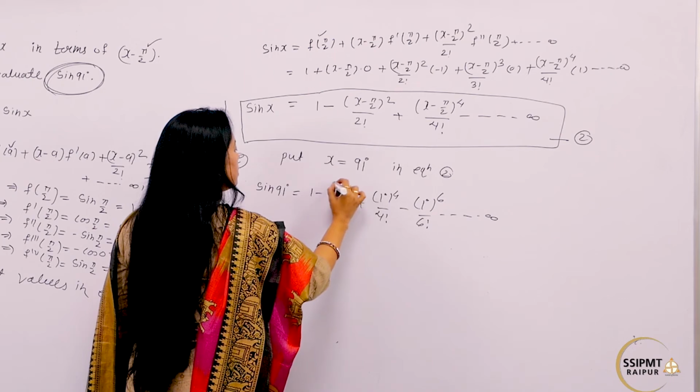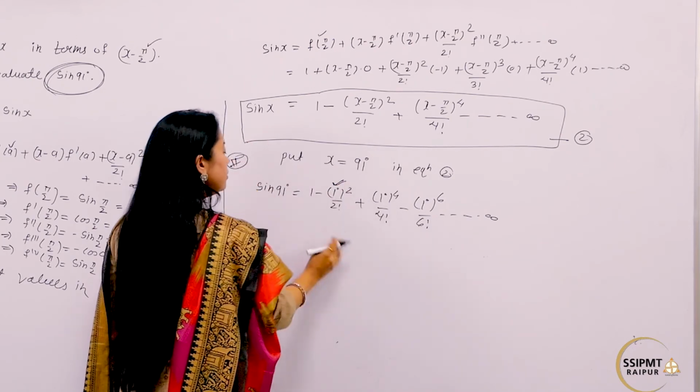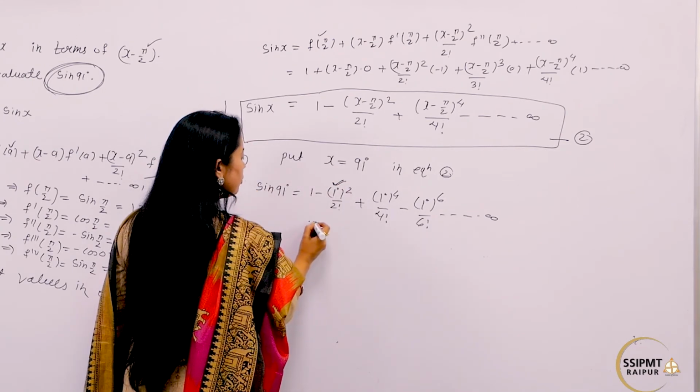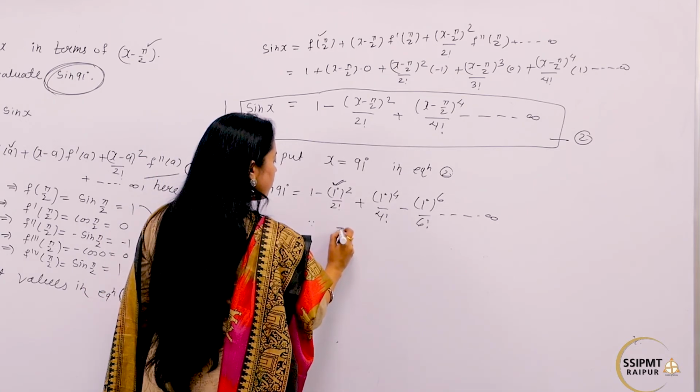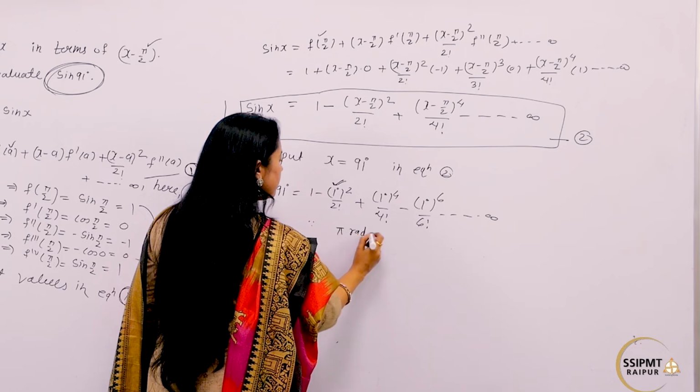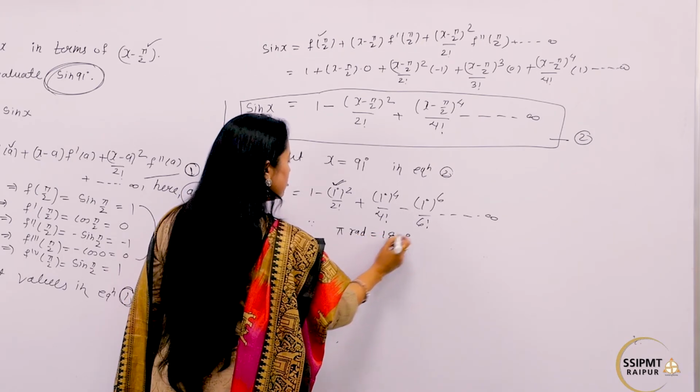We have to change this value into radian, since we know that pi radian is equal to 180 degree.